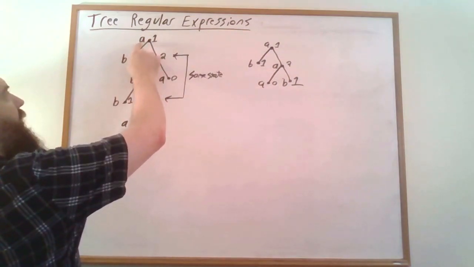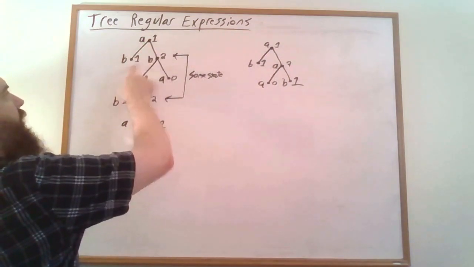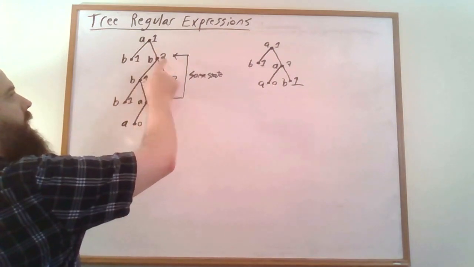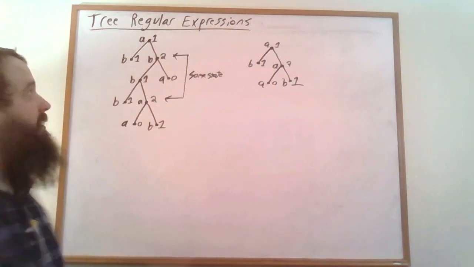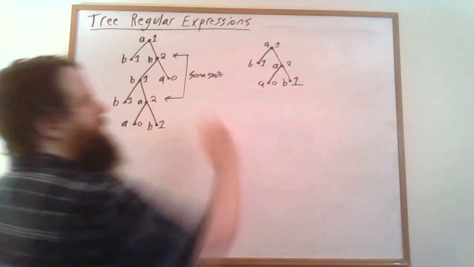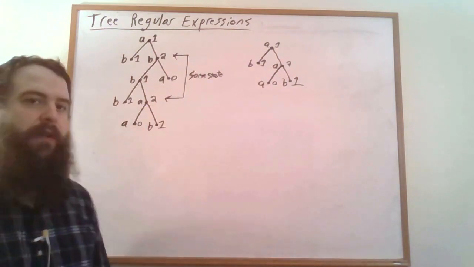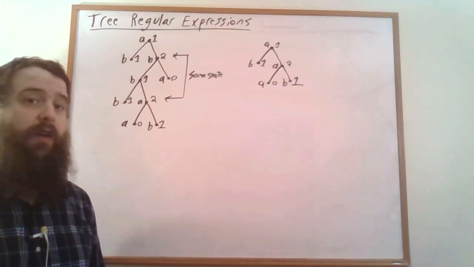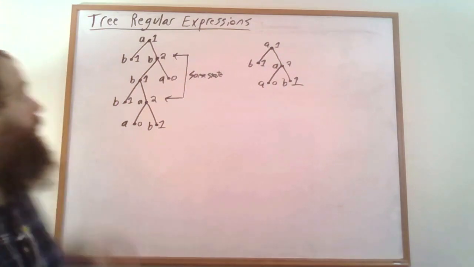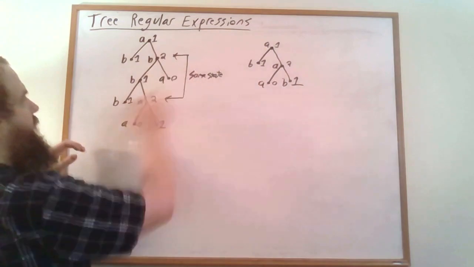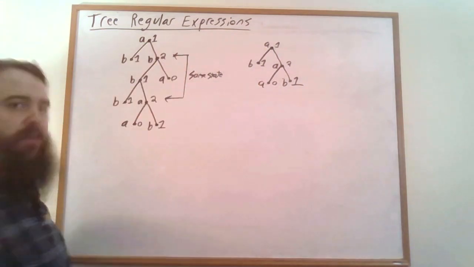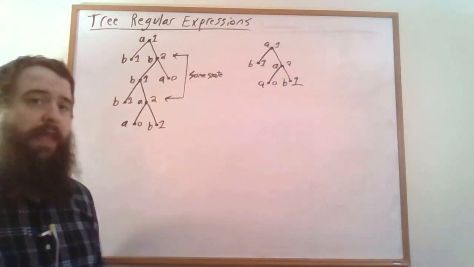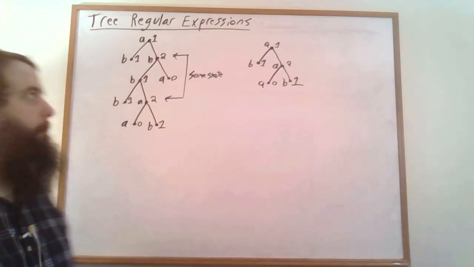This node has character A, and these two nodes have states 1 and 2. It has a different character, but that doesn't matter. That doesn't get inputted into our transition function for deterministic leaf-to-root tree automata. So we can remove this intermediate bit of the tree, and we can also duplicate that intermediate bit of the tree.